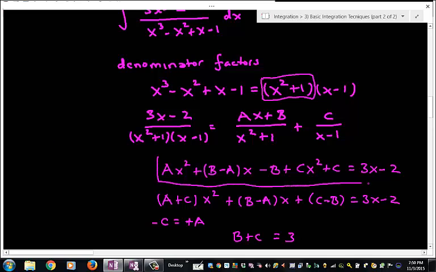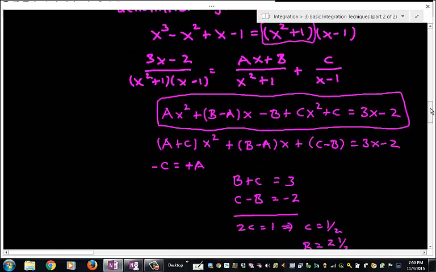I'm going to equate coefficients of like terms. So I see that a plus c has to be 0. So a has to be minus c. And then I focus on the last two terms, which tells me b minus a, which is now b plus c, is equal to 3. That's the x to the first term. And c minus b, which is the constant term, has to be minus 2.